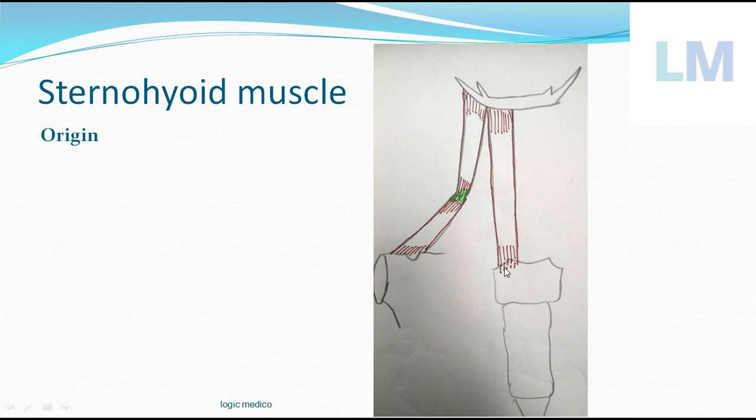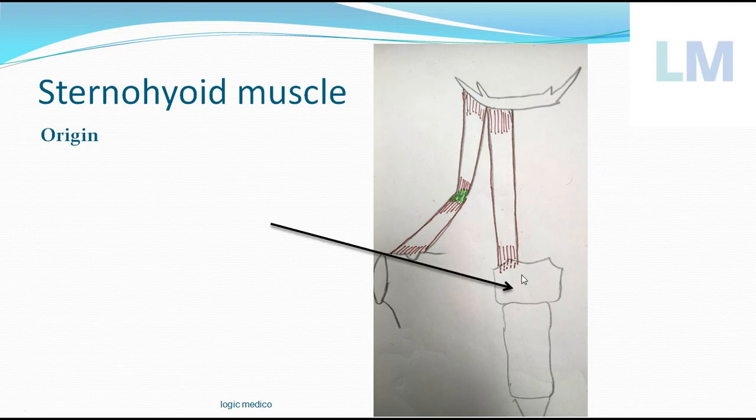The insertion: it runs upwards and towards the midline. So this is the body of the hyoid bone. To which part of the body of the hyoid bone is it attached? The hyoid bone is so big, so it is attached to the medial aspect of the lower border of the hyoid bone.